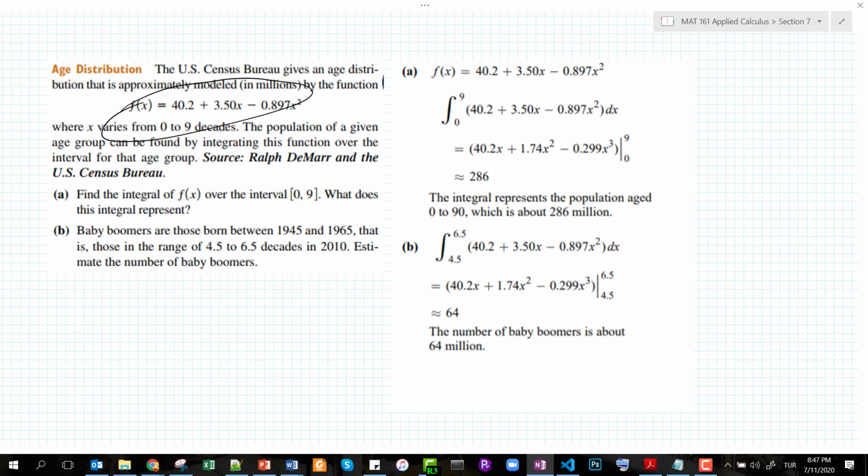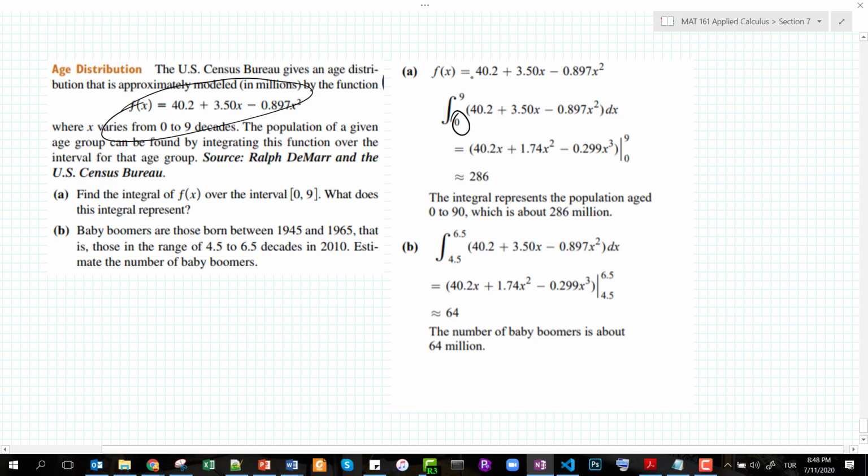The statistician modeled the US population by this function. So if you would like to figure out how many people live in the US, you can just use this function and take the integral, which will give you the area under that curve, and that corresponds to all the population living in that time.